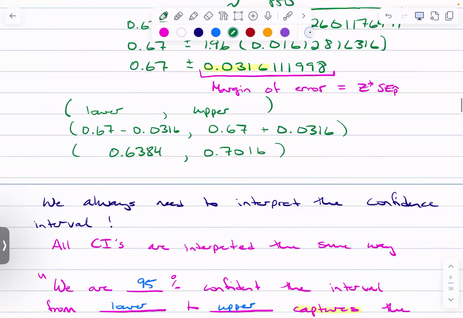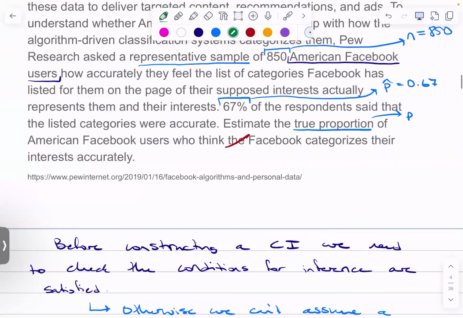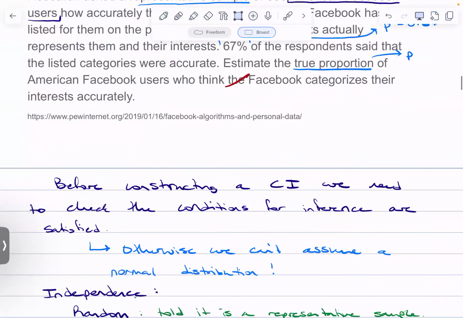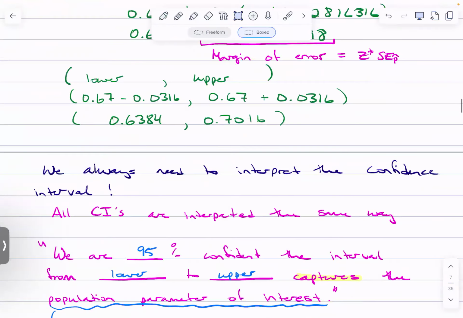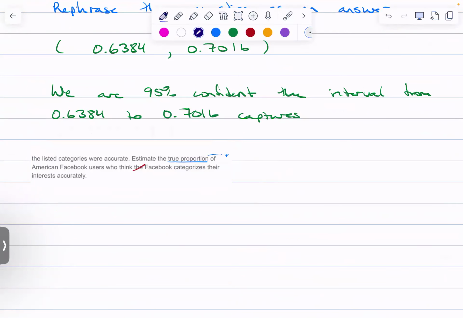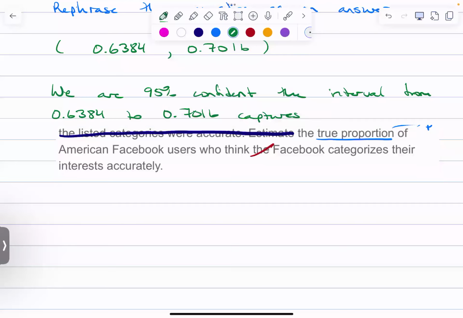So I'm going to take this from quite a long ways back and paste it here. Captures the true proportion of American Facebook users who think Facebook categorizes their interests accurately.